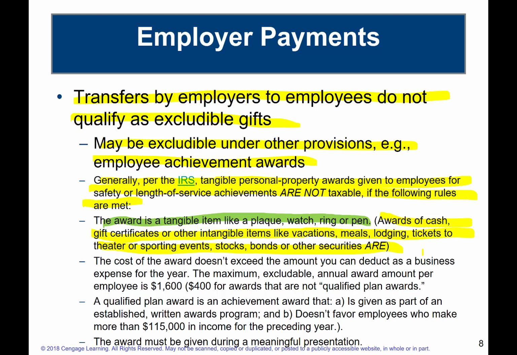So if it's just something that's a token, a tangible item like a watch or the plaque, then that is not going to be taxable. But if they give you cash, they will include that in your income on your W-2, and you'll have to pay tax on that.